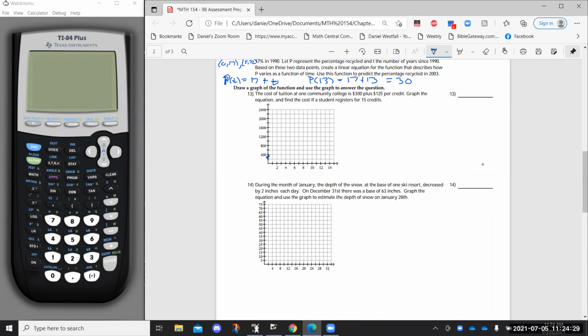So I'm just going to use the increments to my advantage here to say 4 times that is going to be 500. So if I go 1, 2, 3, 4, 5, I'm going to be here at 800. From 300 plus 500 is 800, and that took me 4 credit hours to get that.